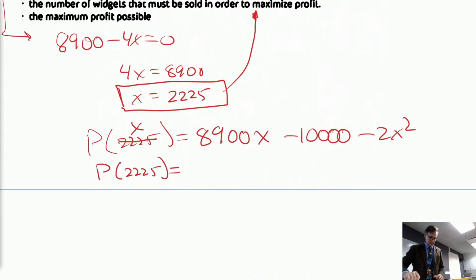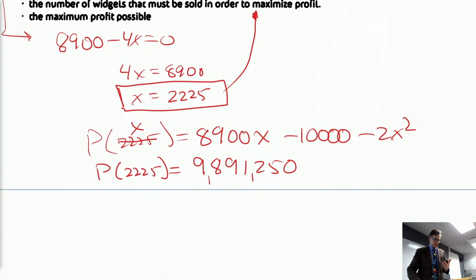So I'm just going to plug 2225 into that formula. 8,900 times 2225 minus 10,000 minus 2 times 2225 squared. And I got 9,891,250. Look at this. We are millionaires now. $9 million for this one. Very nice. Almost $10 million.